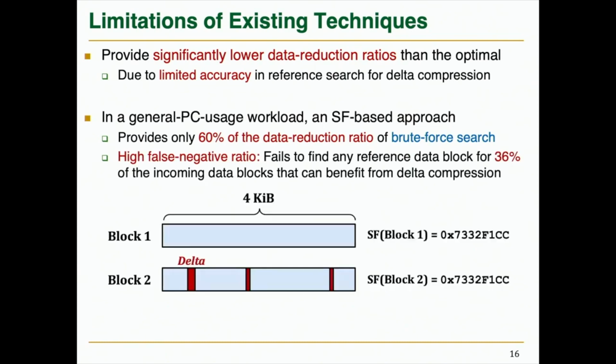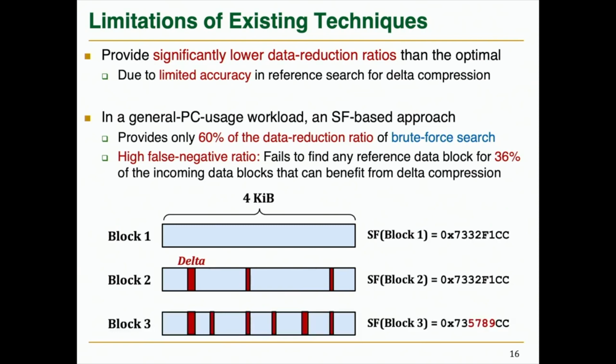In other words, the super feature-based approach is very good at generating the same sketch value for highly similar blocks, but it generates different sketches for data blocks that are not that similar, but can still benefit from data compression.